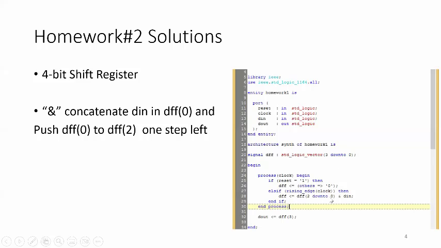But here what I'm doing is I am concatenating 2 down to 0, not 3 down to 0, because this new serial data in will push 0 to 1, 1 to 2, 2 will go to 3. At the end, I will be printing the D flip-flop 3 out.